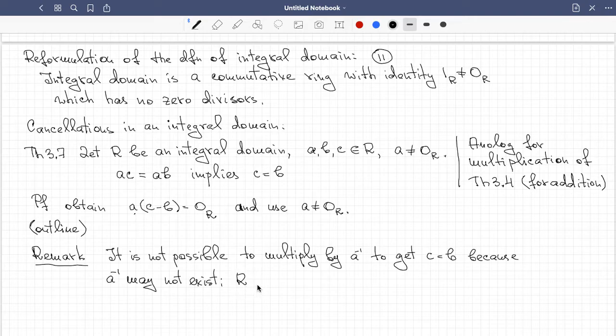R is assumed to be merely an integral domain, not necessarily a field.